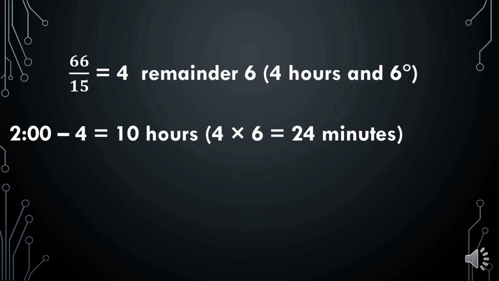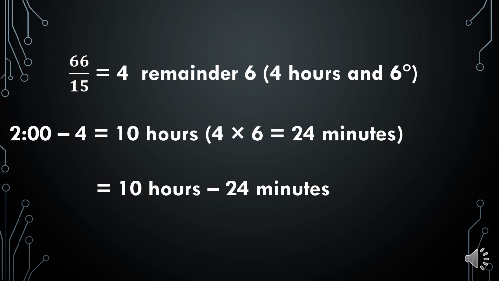Because we are subtracting our time, we must subtract our 24 minutes from our 10 hours. In other words, we're going back 24 minutes earlier, before 10 o'clock. This will give us a time of 9:36 p.m. Therefore, the time at 66 degrees west, while it is 2 o'clock at Greenwich, is approximately 9:36 p.m.